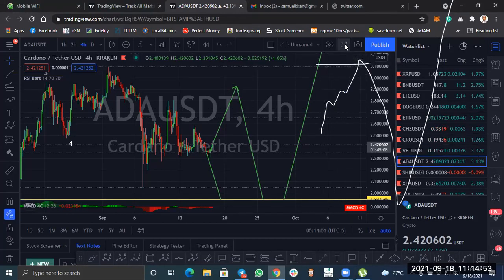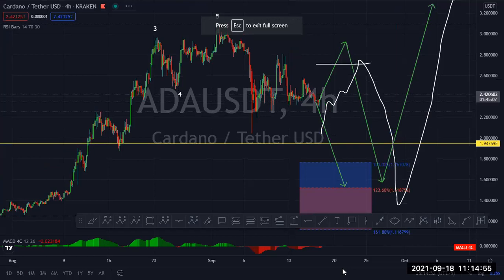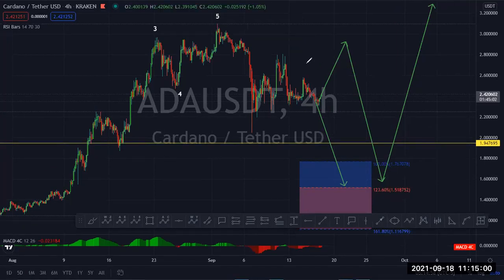Okay, on ADA, what we have here is that we have 2 options. One, this is with A, then with B might have completed, then with C have started to drop.